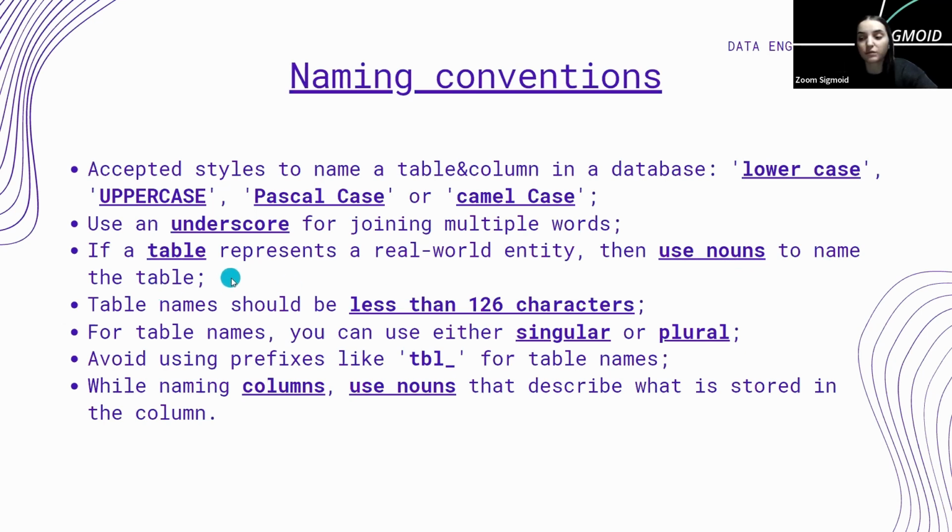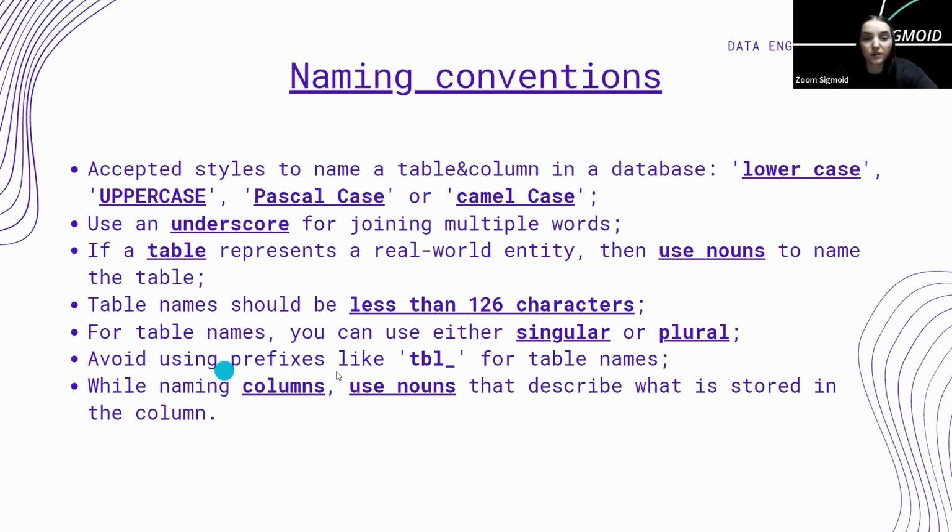If we talk about students, we will use student in order to store all the information about the students. Table names should be less than 126 characters. For table names, you can use either singular or plural. For example, you can use employee or employees. It's your choice.